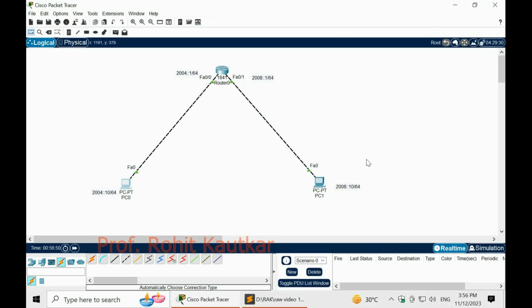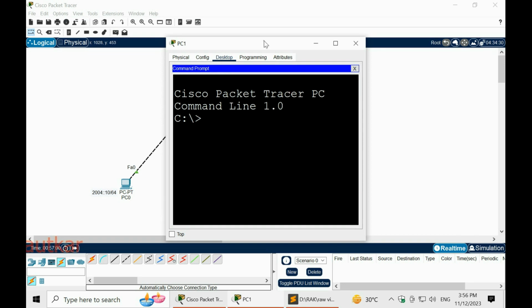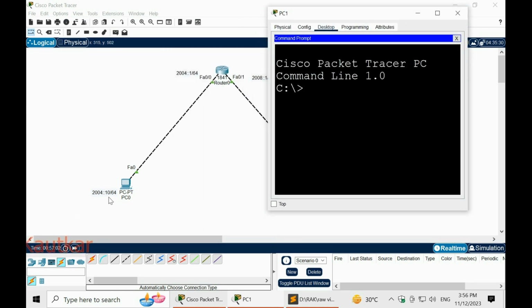So let's try to ping this machine from this machine. So here we will click on this machine, go to command prompt, and now our destination is this one, 2004:10. So here I am going to type ping, destination is 2004:10, hit enter.